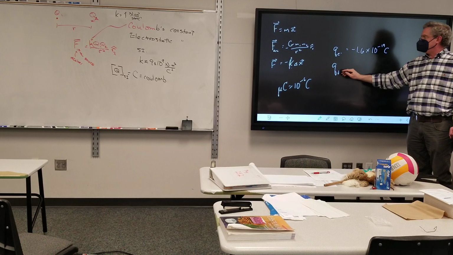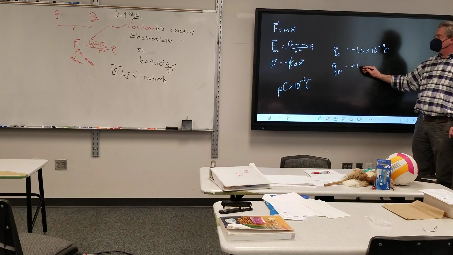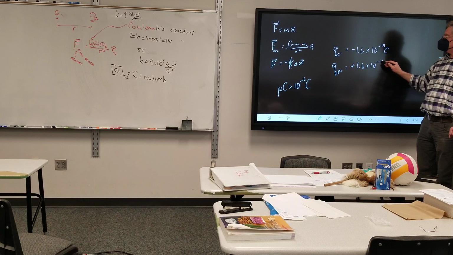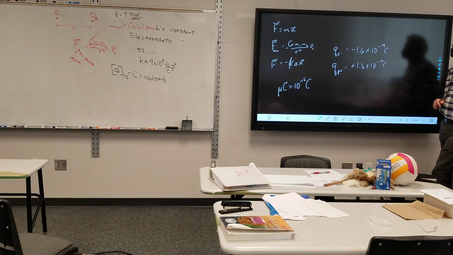The charge of a proton is positive 1.6 times 10 to the negative 19 coulombs. So it's still minusculely small, but if it's positive or negative, that's how you know what the charge is.